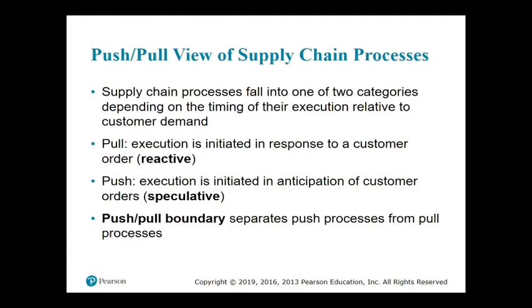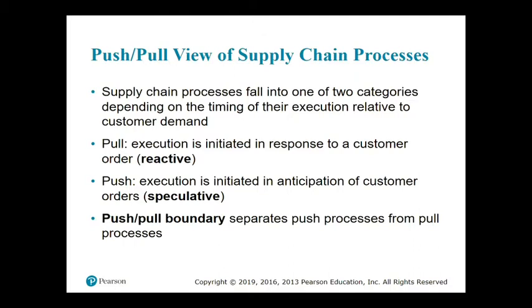So basically, the customer order is not yet realized, but I may have some belief based on my forecasting system that I'm going to receive however many orders. So these processes generated by this forecast or anticipation are called push processes.